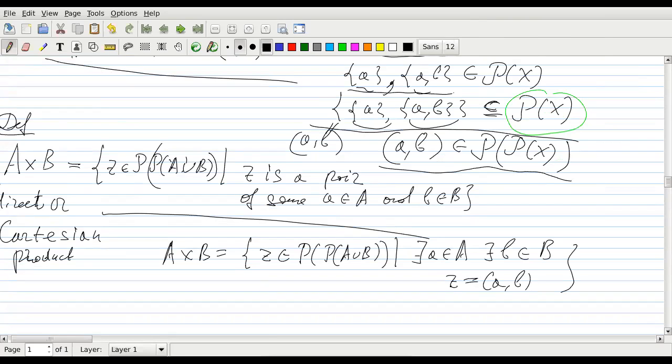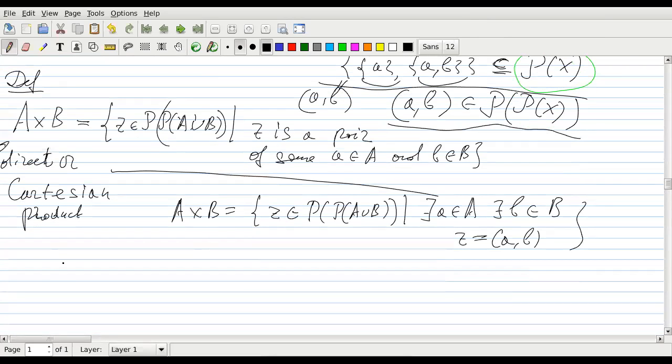So this is the set of all possible pairs. Is it clear? Yes.